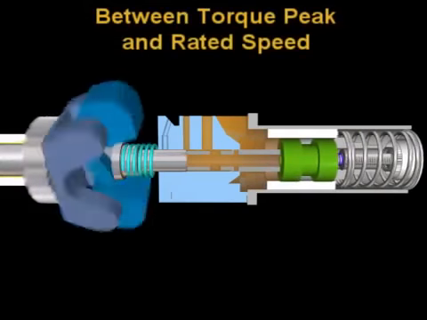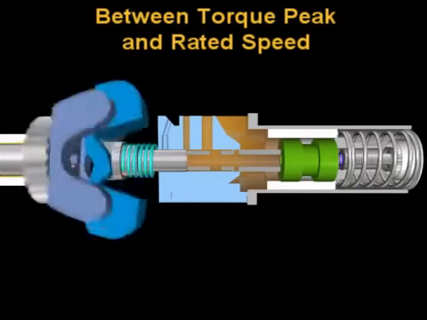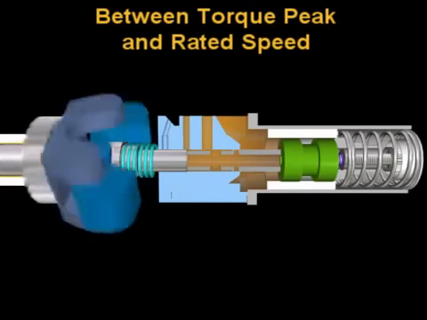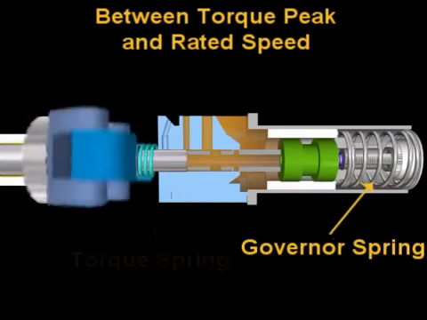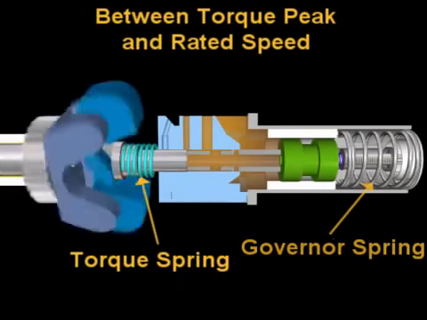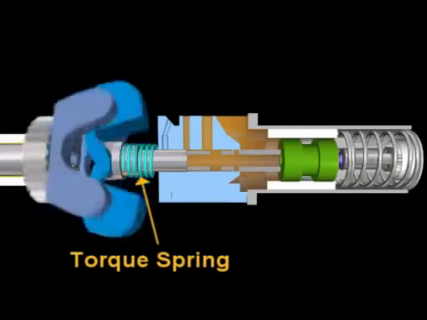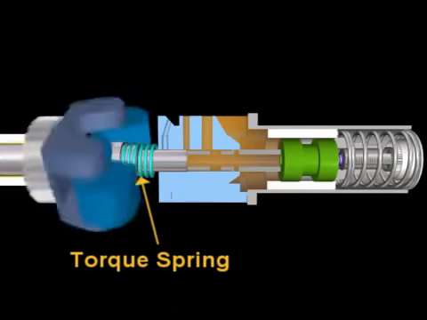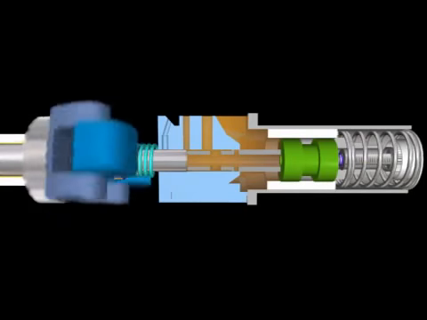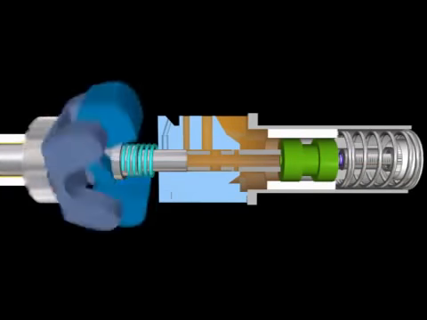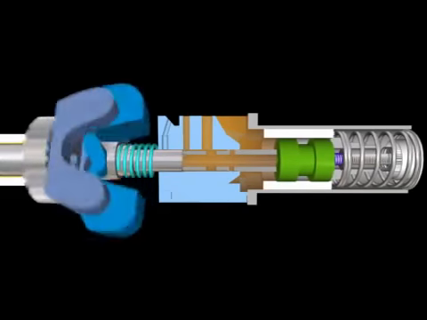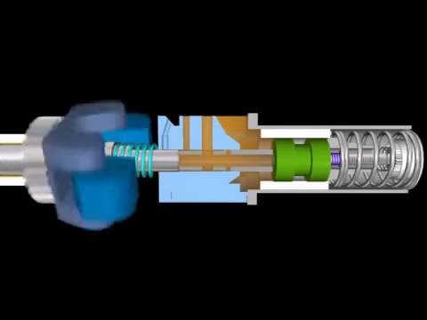During engine operation between torque peak speed and rated speed, the flyweight force is balanced by the combined spring force of the governor spring and the torque spring. Once the torque spring is engaged, it opposes the flyweight force exerted on the governor plunger. This results in a reduction of the flyweight force, which affects the governor plunger position.